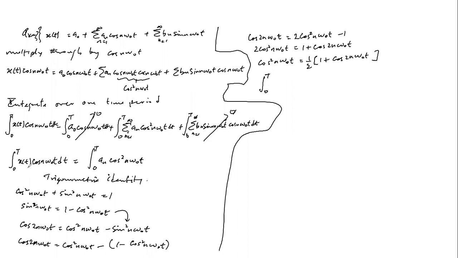So that is the integral from 0 to T of s of t cos n omega t dt, which is now the same as the integral from 0 to T of a_n times 1 over 2 times 1 plus cos 2n omega naught t.